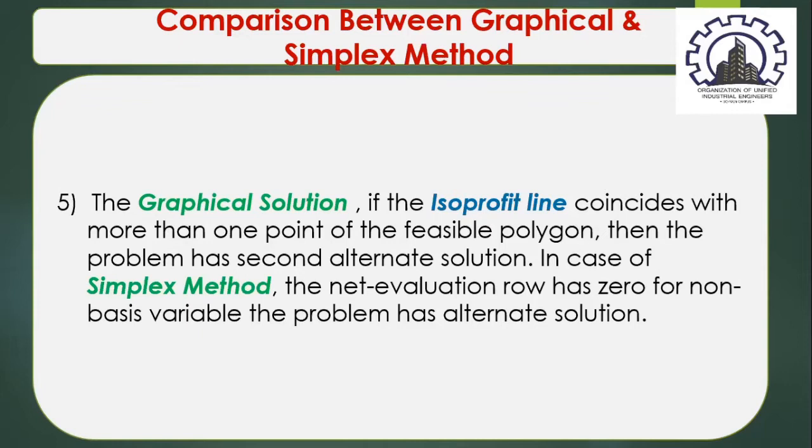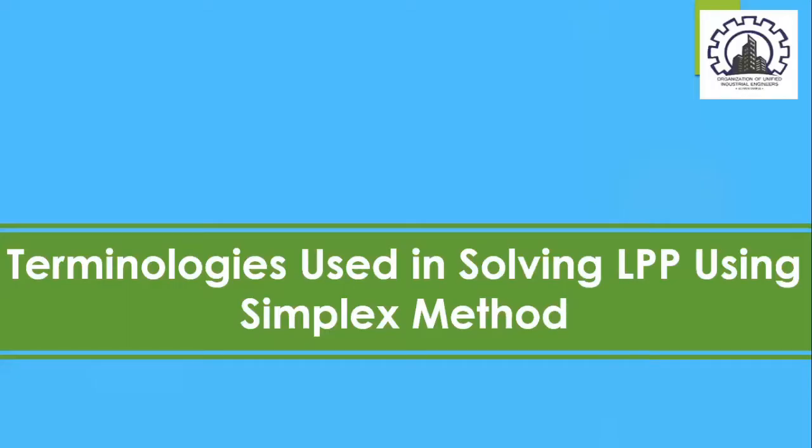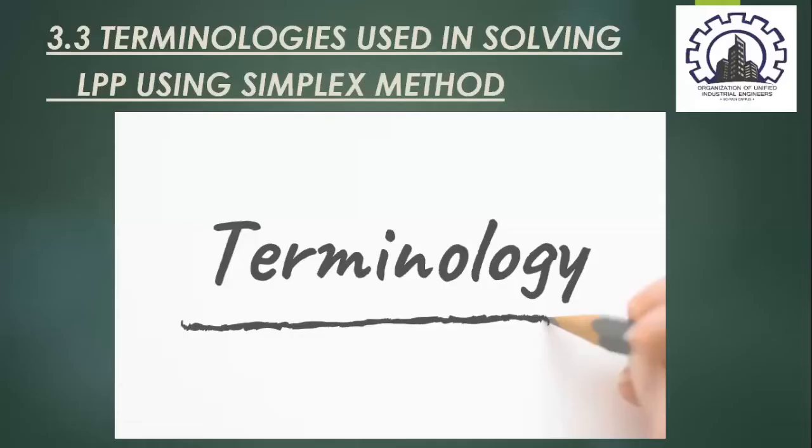Okay, and the next key area that I'm going to be highlighting right now, that would be the different terminologies that are commonly used in solving linear programming problem using the simplex method. So these are the common terminologies that we usually encounter.